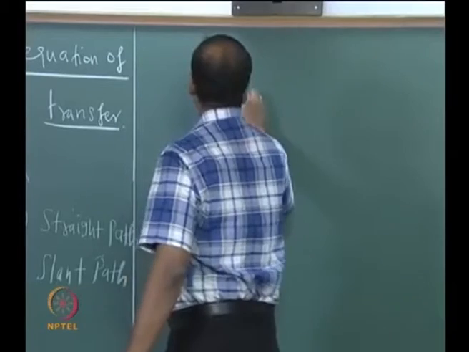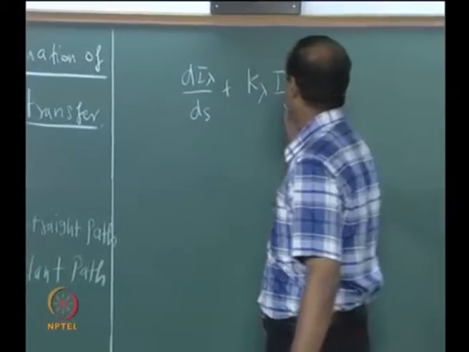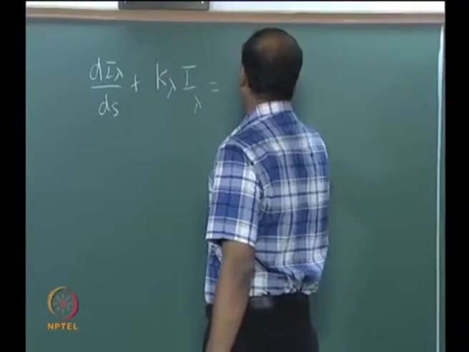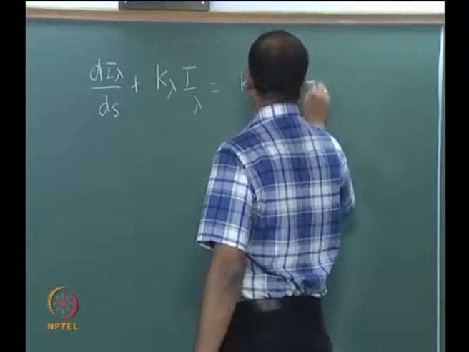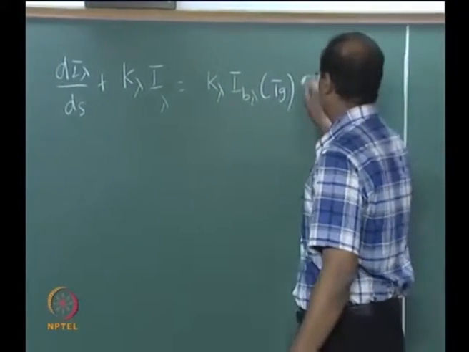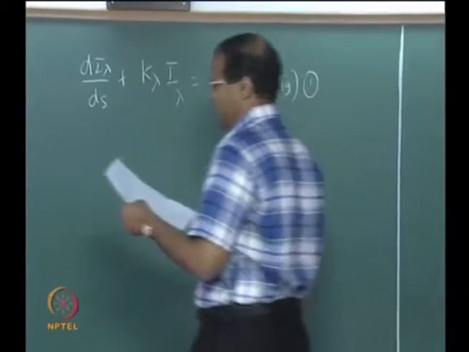So we have to write down the equation, which is already known to us: dI lambda by ds plus kappa lambda I lambda equal to kappa lambda of Tg. Did you write like this? Correct. So this is equation 1, for the normal direction.